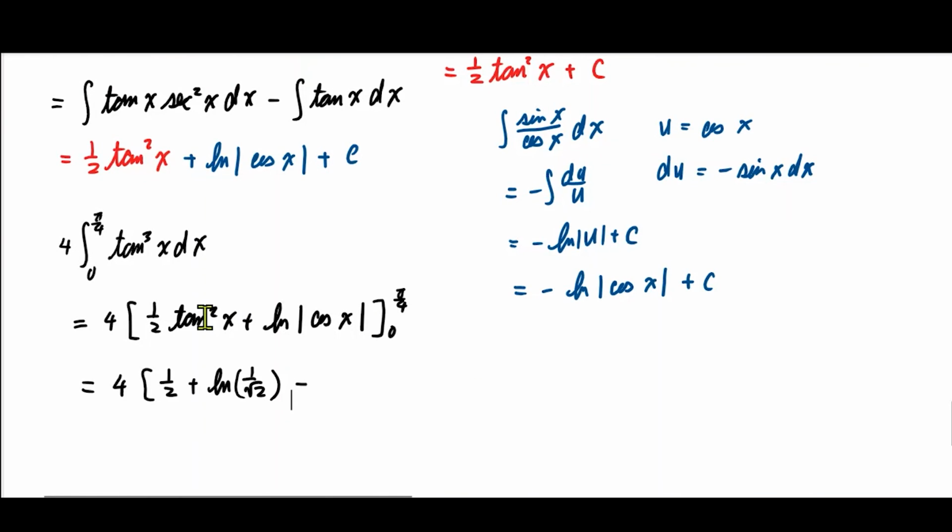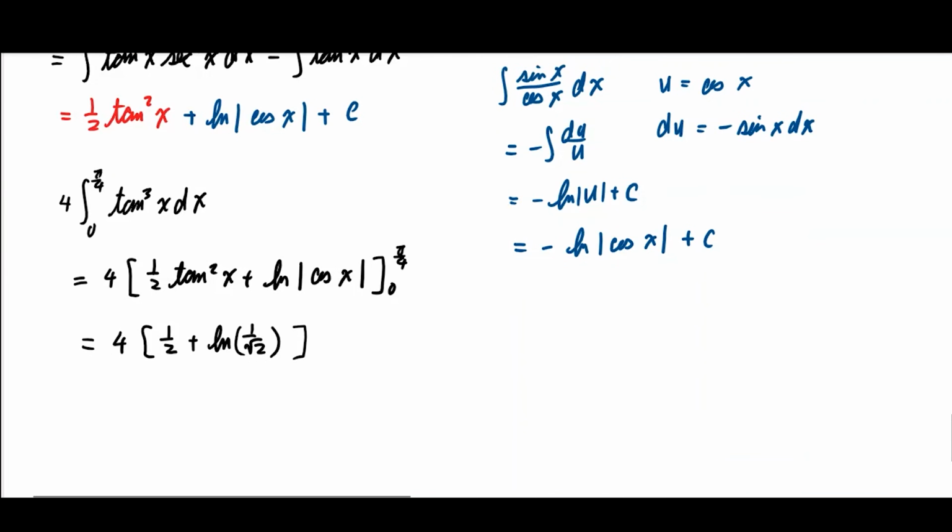Tangent of 0 is 0. Cosine of 0 is 1. Ln 1 is 0. So that is it. You get it? And that is equal to 2, distributing, plus 2 ln 2. What? Too much algebra? Think about it.